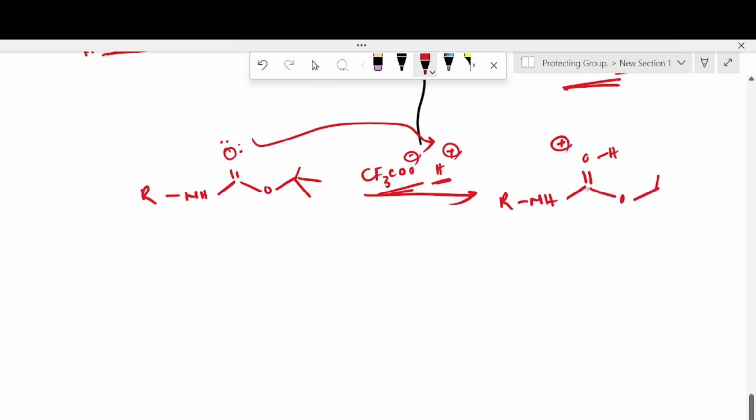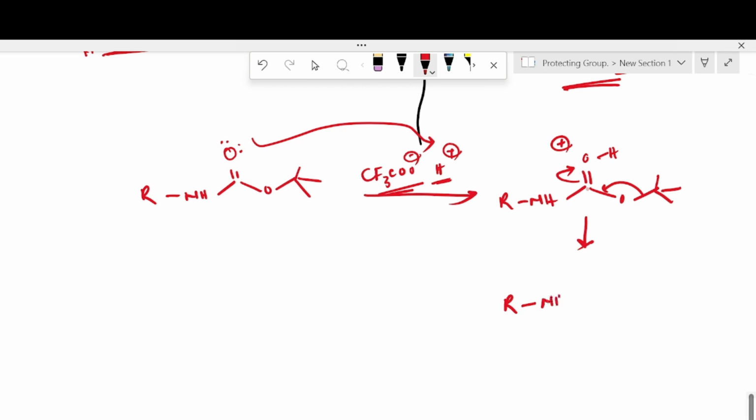After accepting the H plus ion, it will form this species. Then that bond will migrate here, and the lone pair and that bond will migrate to this carbon.